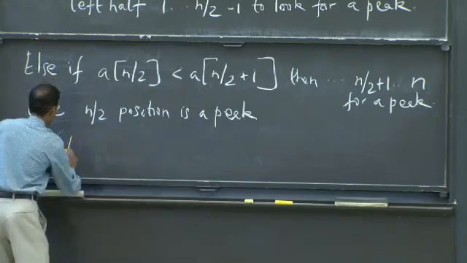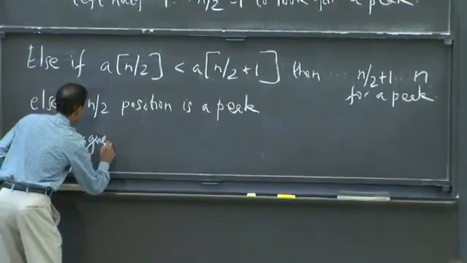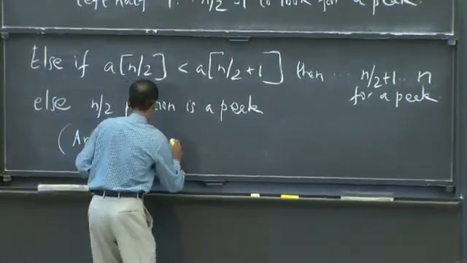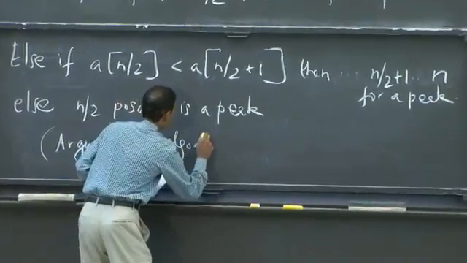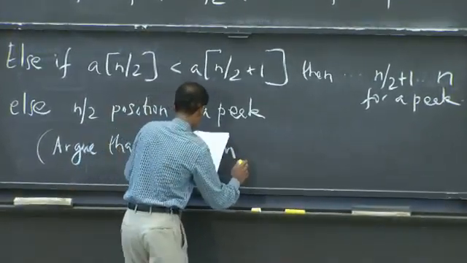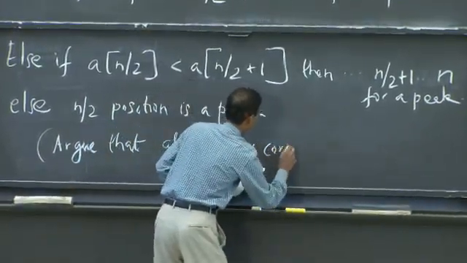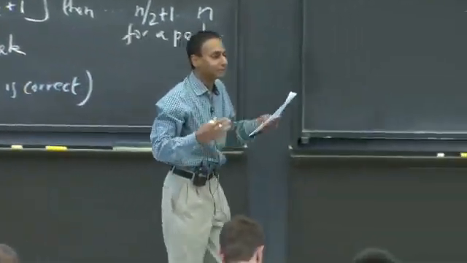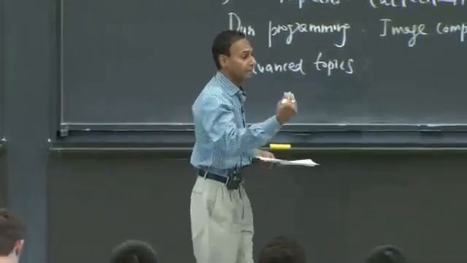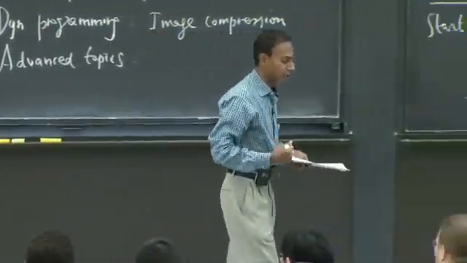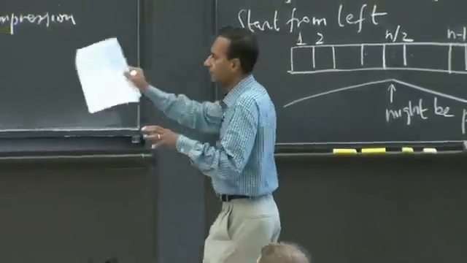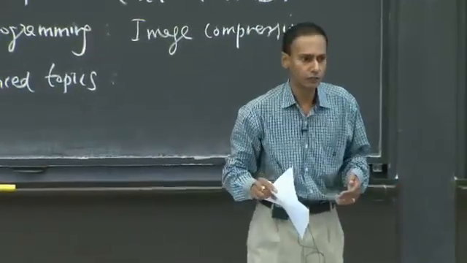You want to write an argument that this algorithm is correct. And I'm not going to bother with that. I just waved my hands a bit, and you all nodded, so we're done with that. But the point being, you will see in your problem set a precise argument for a more complicated algorithm, the 2D version of this.